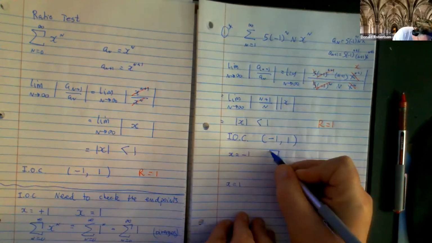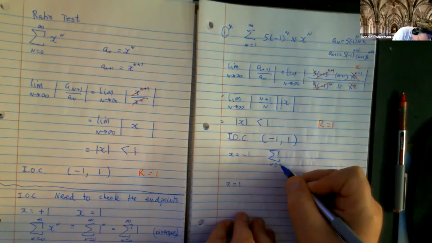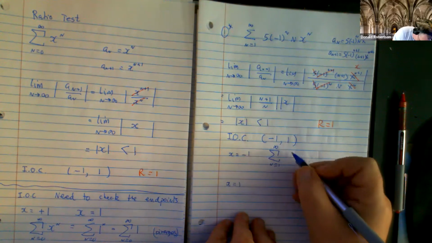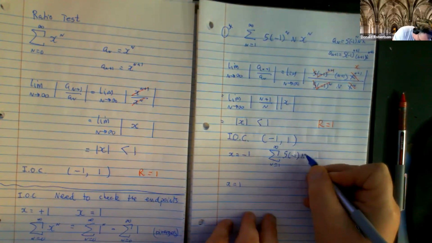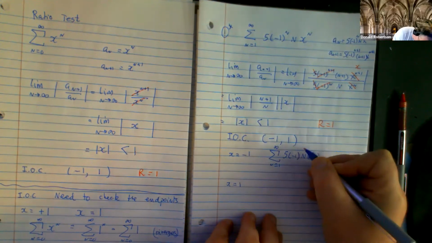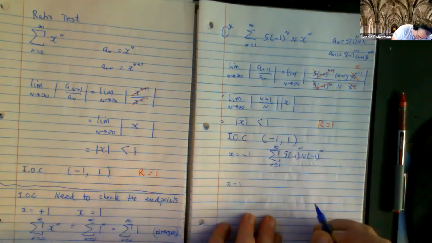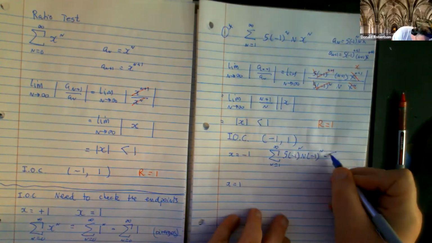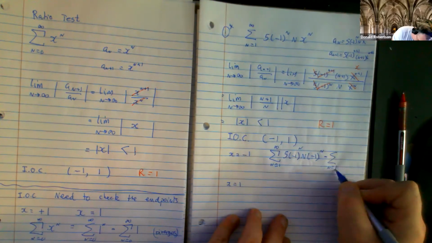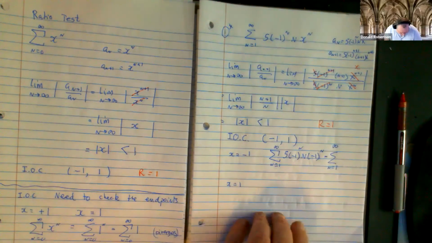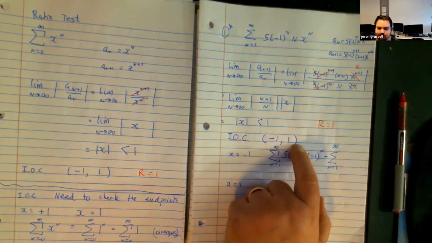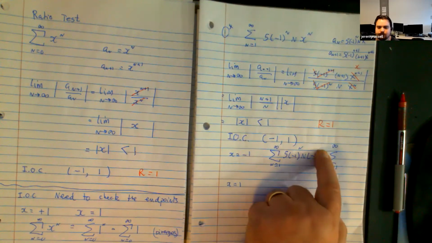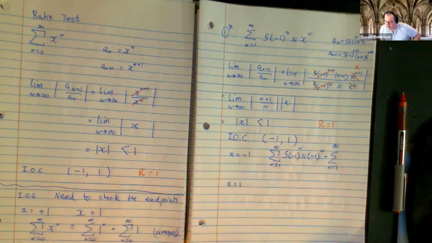Okay, here it goes. Sum from n equals 1 to infinity of 5(-1)^n n, times (-1)^n. Well, that is going to be the sum from n equals 1 to infinity. Isn't (-1)^n times (-1)^n equal to (-1)^(2n)? Do you agree?